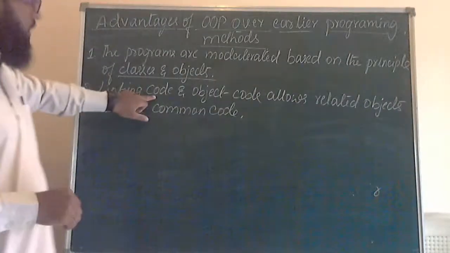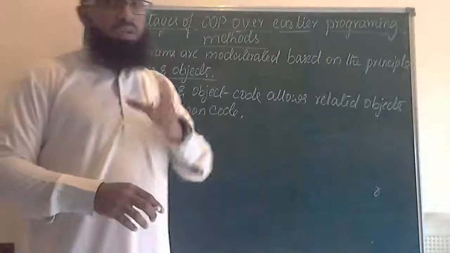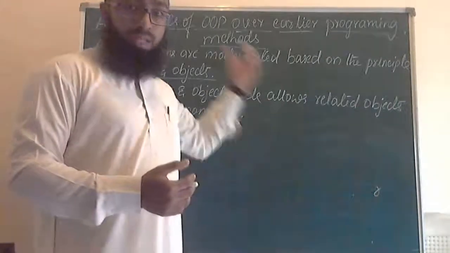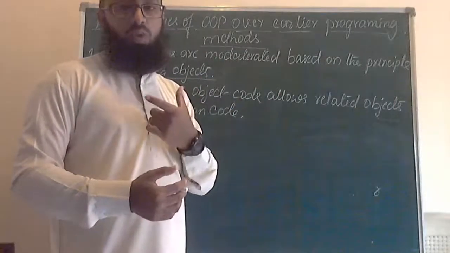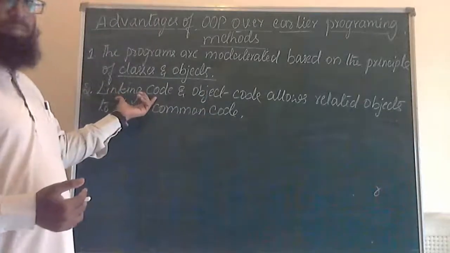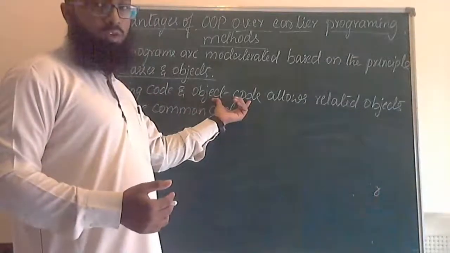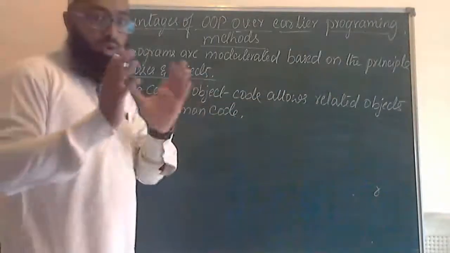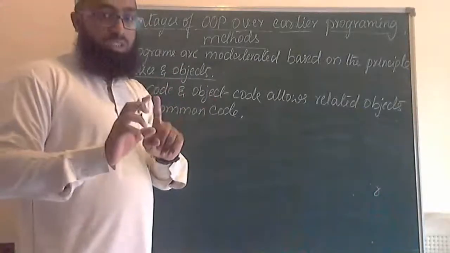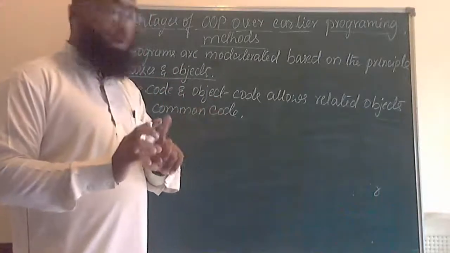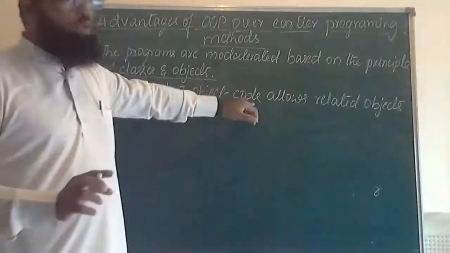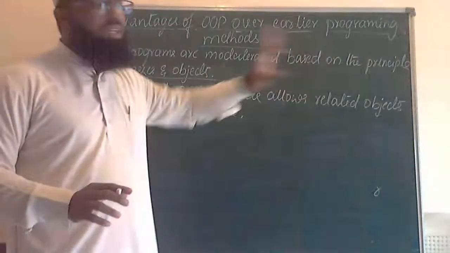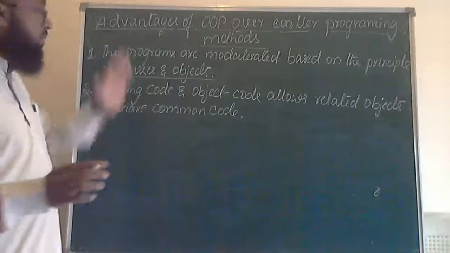Linking code means just like in your WhatsApp, you send the link of a YouTube video, just like how I am sending this class link, that is a URL link. So linking code and object code allows related objects, which are interrelated to each other, to share the common code among them.